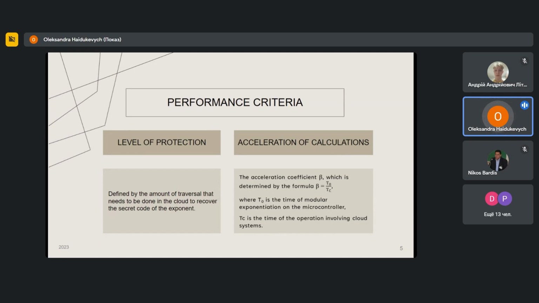Security level is determined by the amount of processing required in the cloud to reconstruct the exponent code from the provided data. Computational acceleration is quantified by the coefficient beta, which represents the ratio of the time required for complete modular exponentiation on the microcontroller to the time needed for the same operation when cloud systems are involved.